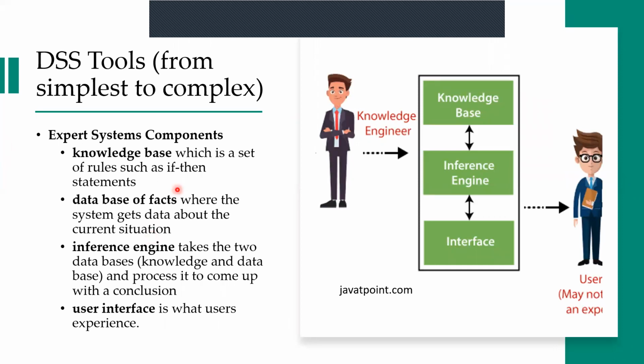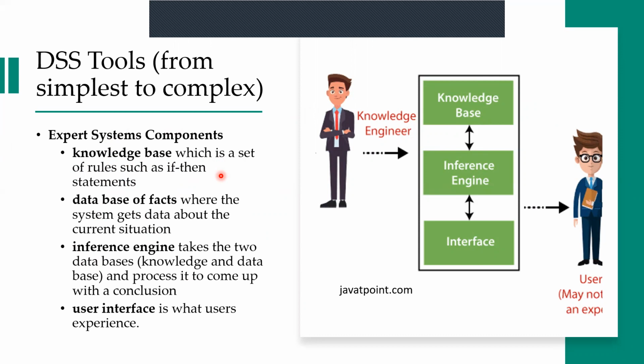What are the parts of an expert system? We have the knowledge base, the database of facts, not included in the picture though, the inference engine, and the user interface. So the knowledge base contains the set of rules such as if-then statements. Of course, mimicking the knowledge and the decision-making process of an expert.